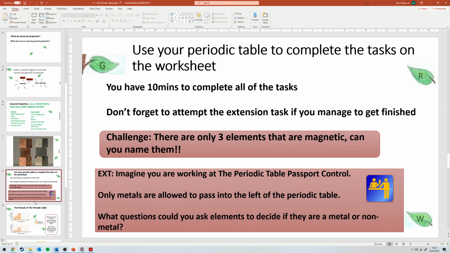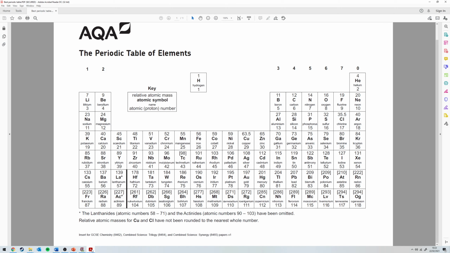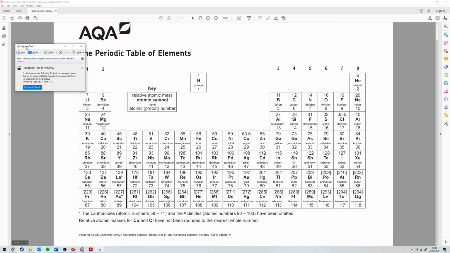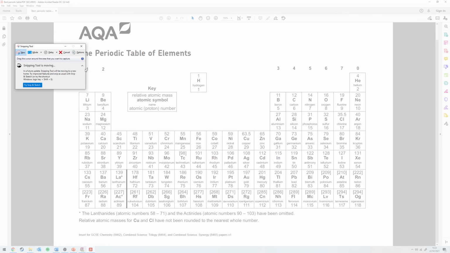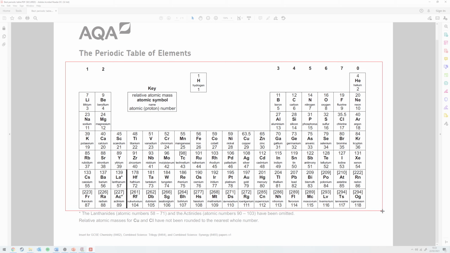We are going to go over to our periodic table now, and instead of me giving you the worksheet to do it, I'm going to take you through, because you are able to pause the video. So you've got your periodic table here. If you can print it off, that would be perfect. If not, if you're working on a computer, you can type snip here, and then you create a little snip over the periodic table.